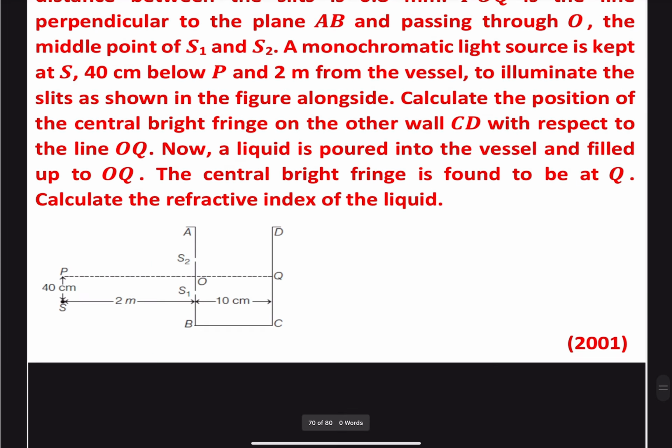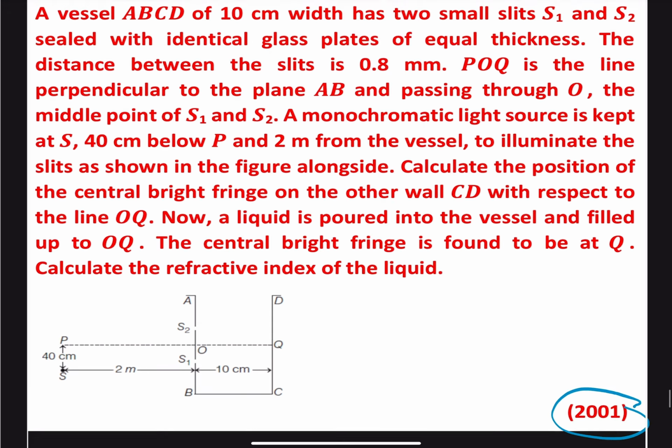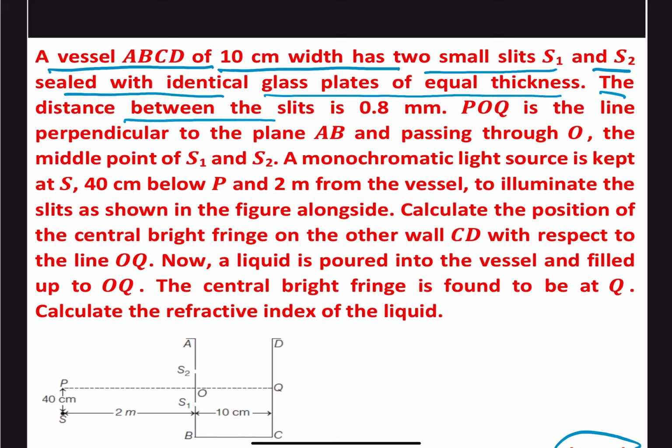Next question. It was asked in the year 2001, and it states that a vessel ABCD of 10 cm width has two slits S1 and S2 sealed with identical glass plates of equal thickness. The distance between the slits is 0.8 mm. POQ is the line perpendicular to the plane AB and passing through O, the middle point of S1 and S2.